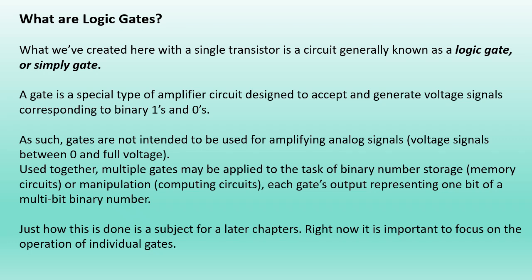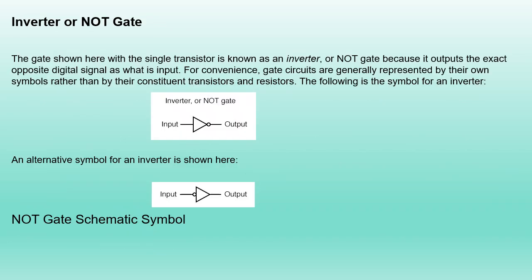For now, we focus on how individual gates work. Let's discuss the inverter gate or NOT gate. The gate made from a single transistor is called an inverter or NOT gate. It outputs the opposite of the input.